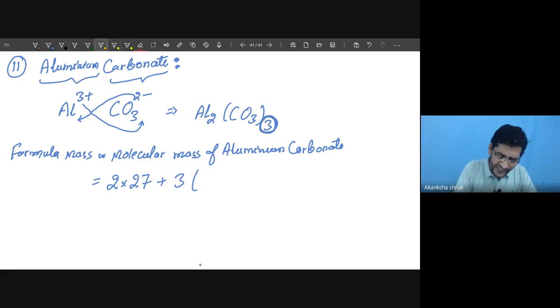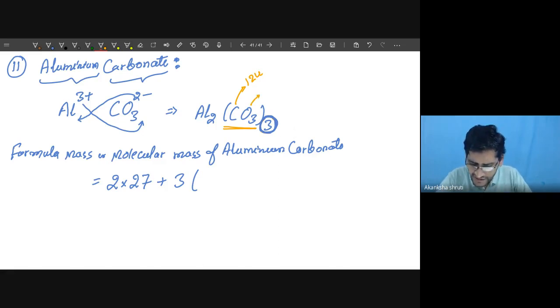So for this 3 times, for this bracket, now I need to consider this carbon. Carbon is inside this bracket, it is 1 atom, and 1 atom has the mass 12 U. Now this oxygen, which is 3 atoms, inside this bracket.